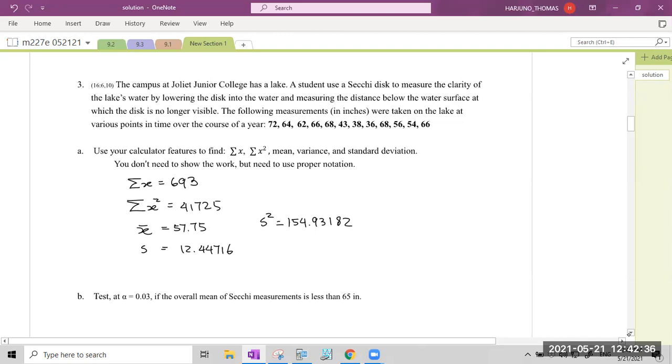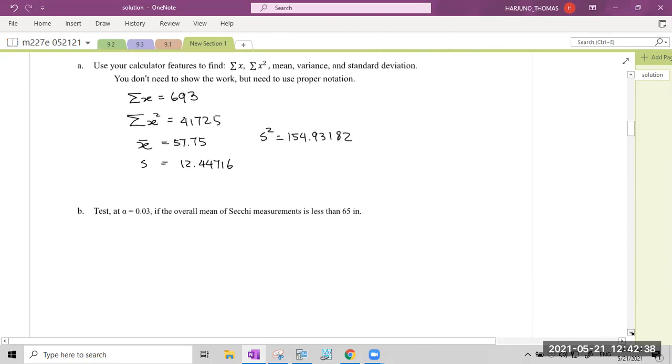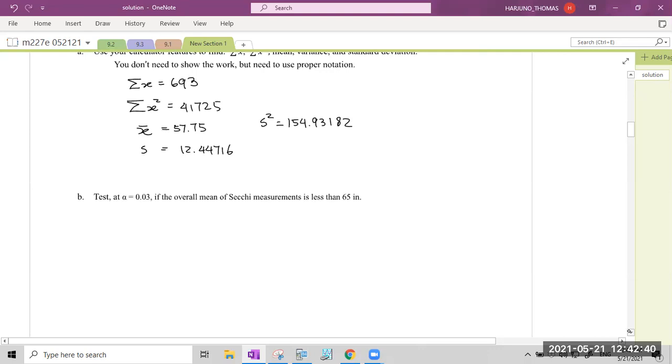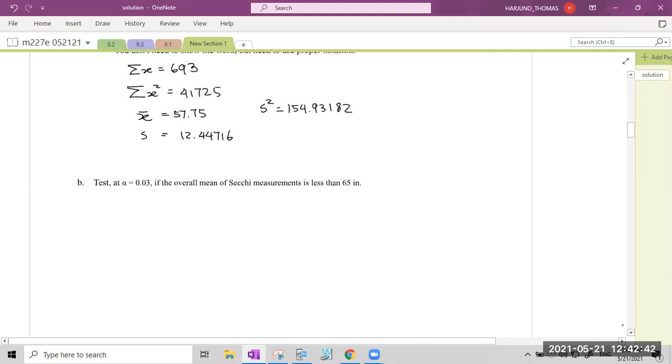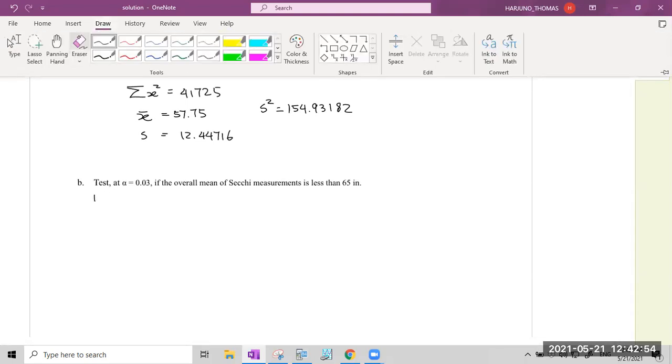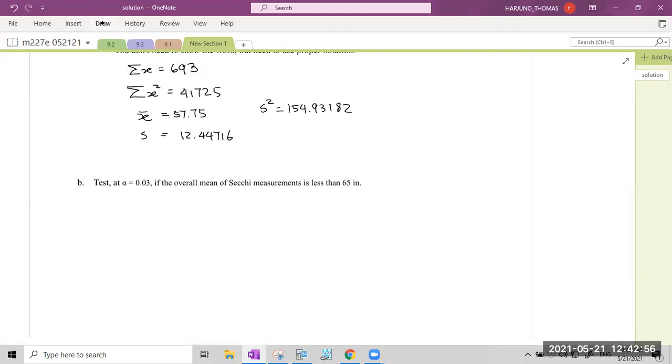Now let's see part B, test at 3% significance level if the overall mean of Secchi measurements is less than 65 inches. So step 1, let me use blue. I usually use blue for my solution. Step 1, the claim.